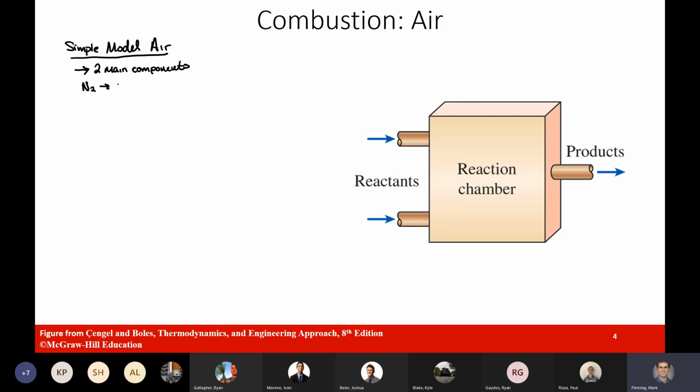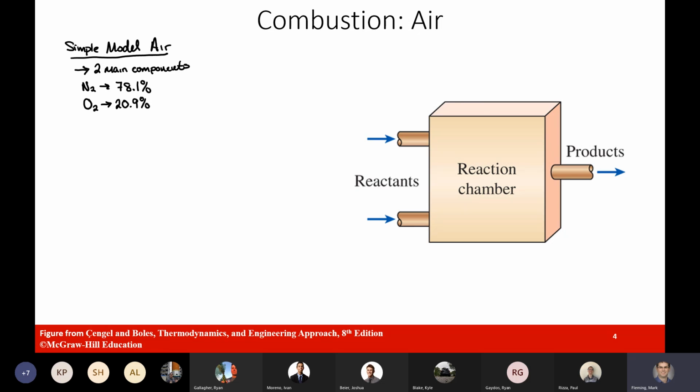And so in the air itself, that was going to be about 78.1% in the actual case. The second gas that we had was oxygen, and we said oxygen accounted for 20.9% of the gas on a molar basis.